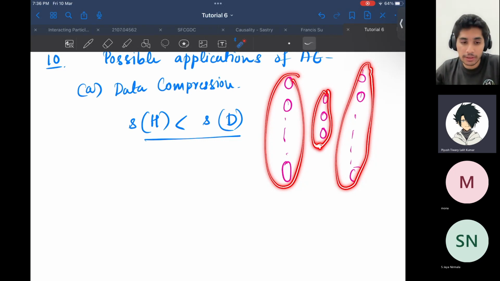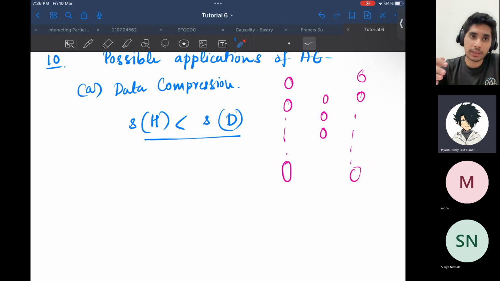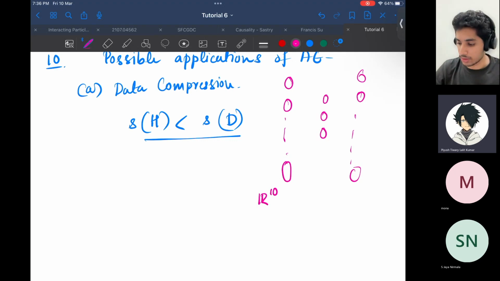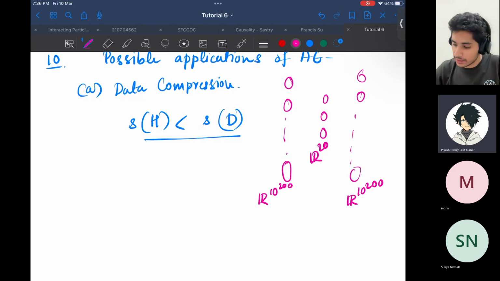Well, here is one way that we can use it. So this was big data, right? Let's say this was in R 10 raised to, let's say, 200, something like big data. Now this is in R20, a relatively very small dimension, and this is again in R 10 raised to 200.